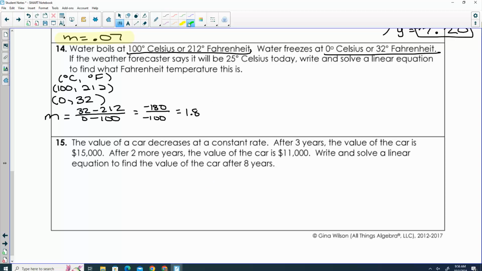Now, it's like yesterday. We have a slope. So I take one of my points. Does it matter which one? No. Nope. So if I just went with the first one, plug into our point slope. So y minus y1. The y value of that first point is 212, equals m, 1.8, times x minus the x of my first point, which was 100.